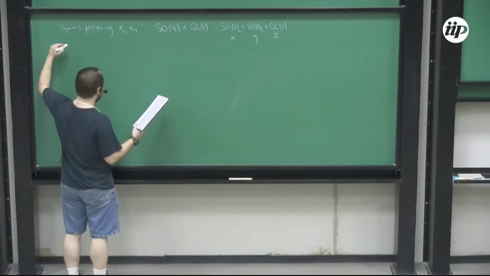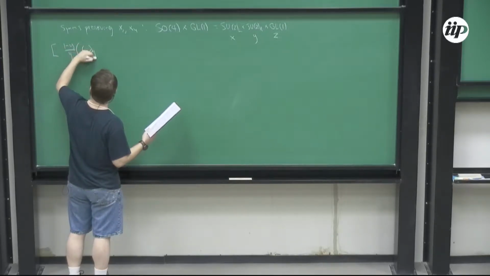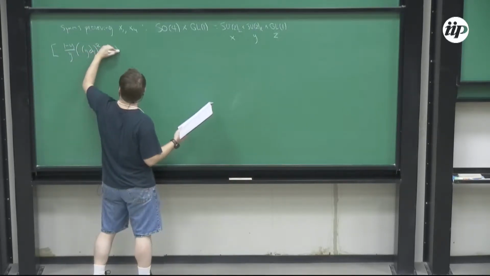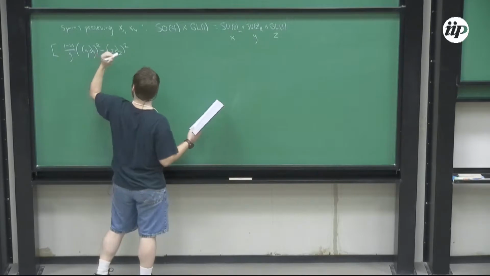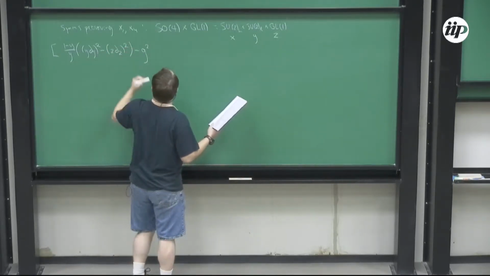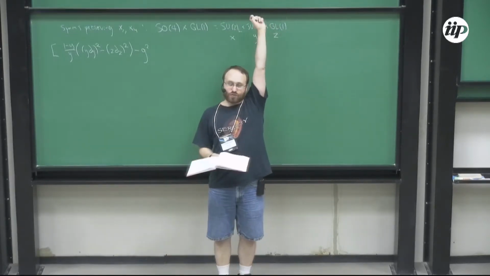So what we have is (1 minus y) over y times y dy squared minus z dz squared minus g squared. Now, I'm writing this in a slightly different way because that equation was written just as a relation between loop orders.